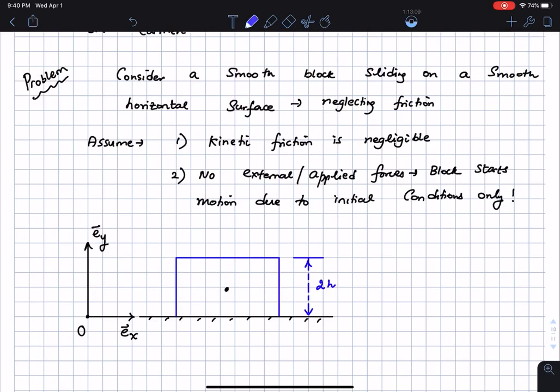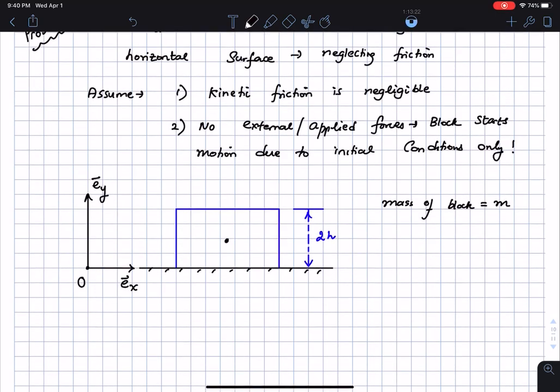Let's say the mass of the block is little m. Now there is only 1 degree of freedom in this problem. I'm not going to go into the details of this. This is too trivial for us, but we know that this is a 1 degree of freedom system.